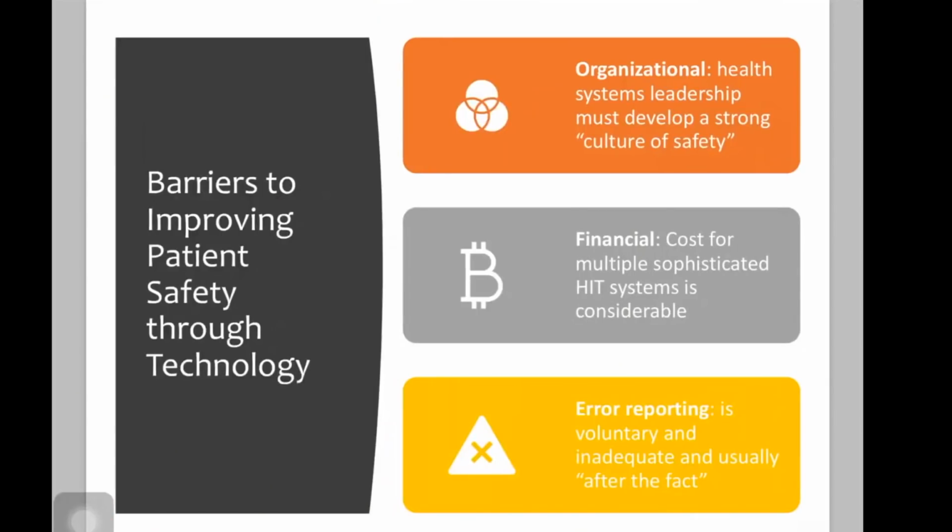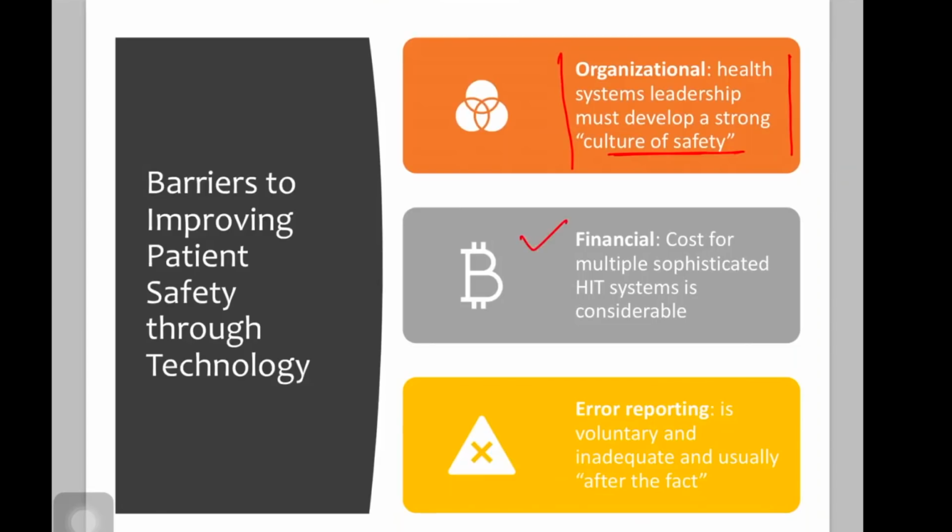Now, if we want to see the barriers to improving patient safety through technologies, the first point is we need organizational level support. Health system leadership must develop a strong culture of safety. If it is not realized by the leadership how important reducing medical errors is and how important it is to introduce the technology, then we cannot achieve our goals.